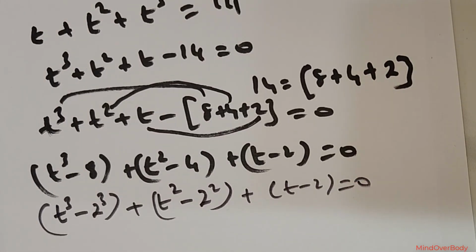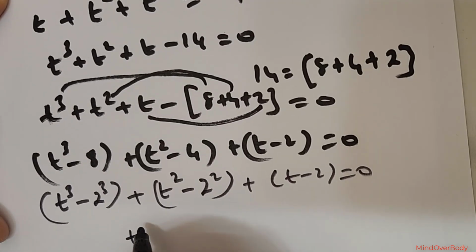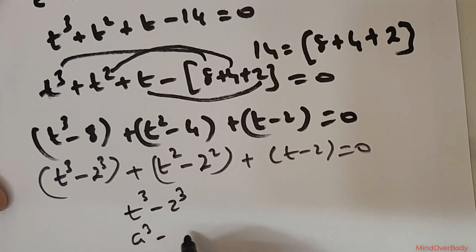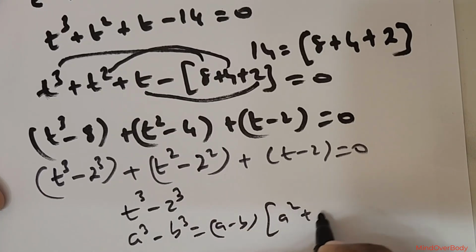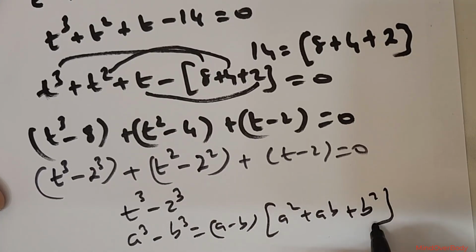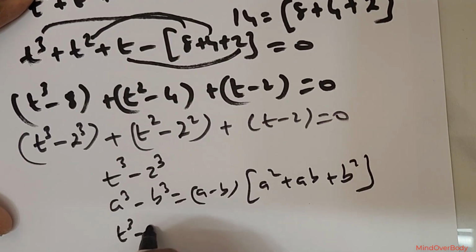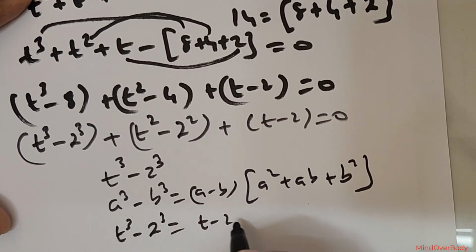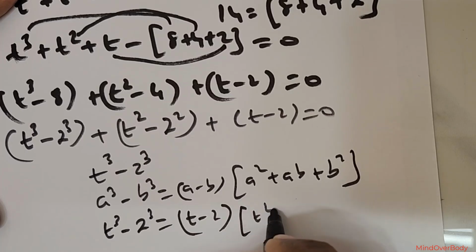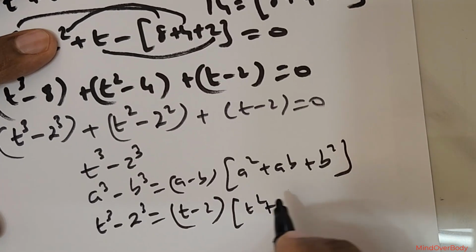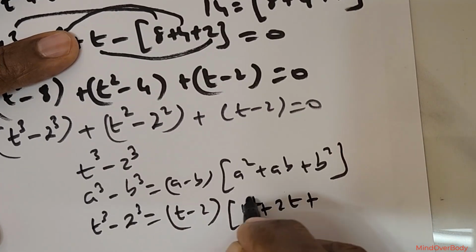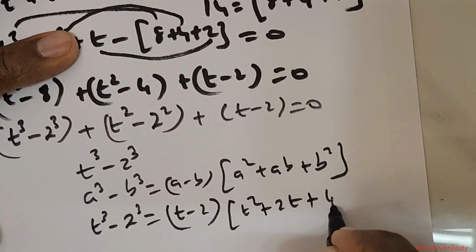Okay, so moving on, t^3 - 2^3 is of the form a^3 - b^3, which is (a - b)(a^2 + ab + b^2). So t^3 - 2^3 is equal to (t - 2)(t^2 + 2t + 2^2), that's going to be 4.